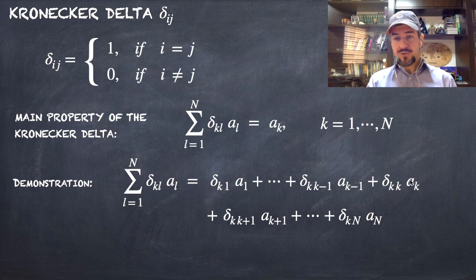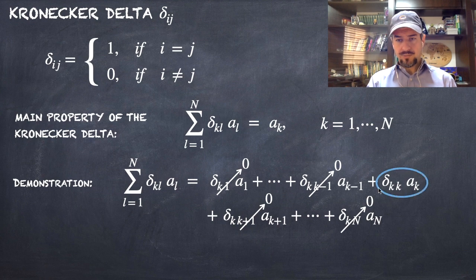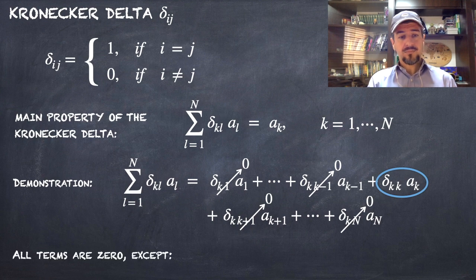The term after this one is going to be delta_k,k+1 A_k+1, and so on up to delta_kn A_n. Of course, these terms are going to be 0 because k is different from k-1, k is different from 1, and so on. And the only term that is not going to vanish is delta_kk, which is equal to 1, and the result of this is A_k. Delta_kk A_k is equal to A_k.